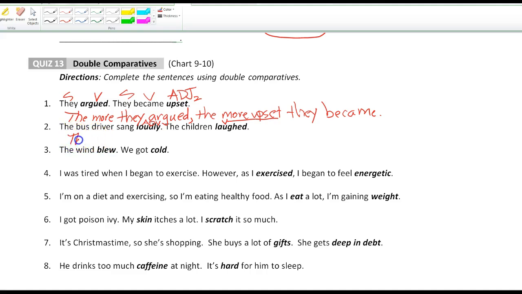So we need the, and then the comparative of loudly, the more loudly, and then subject, the bus driver, verb, sang, comma, then we have verb, that's the easy one, the more, and then subject, the children, it's right there, and verb, laughed.